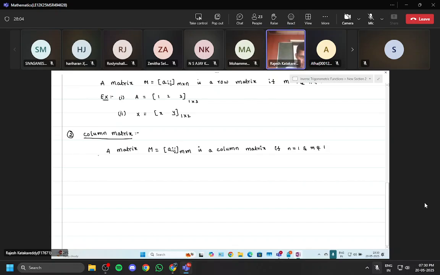So the example of column matrix we can take 1, 2, only one column, right? But two rows you have, it is like a 2 by 1 matrix. Then 1, minus 1, 0. This is again one column but three rows. Clear?